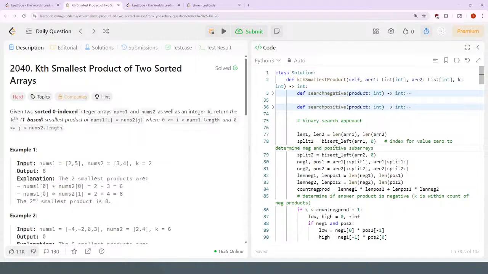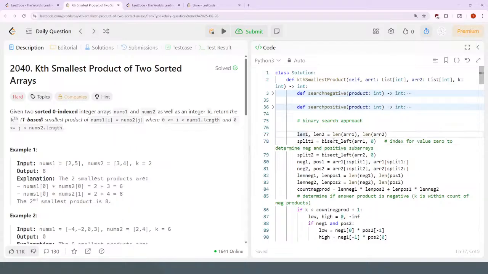So using bisect left, which is finding the insertion point of a given value for this array. Where I would insert 0 into the array is where you would be able to split the array: things that are negative are before this index, and things that are non-negative are at this index and afterwards.